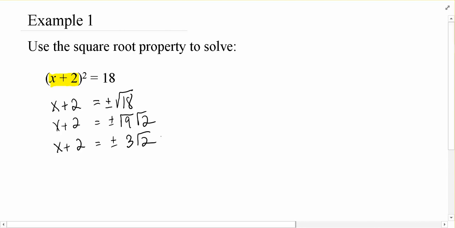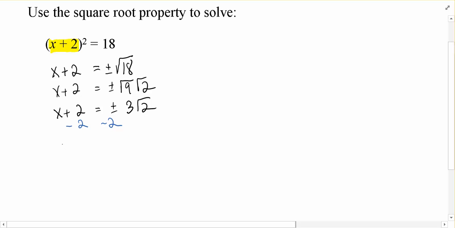Now my goal was to solve for x, to get the x by itself. So I need to get rid of that plus 2, which I do by subtracting 2 from both sides. This gets me x equals negative 2 plus or minus 3 root 2.